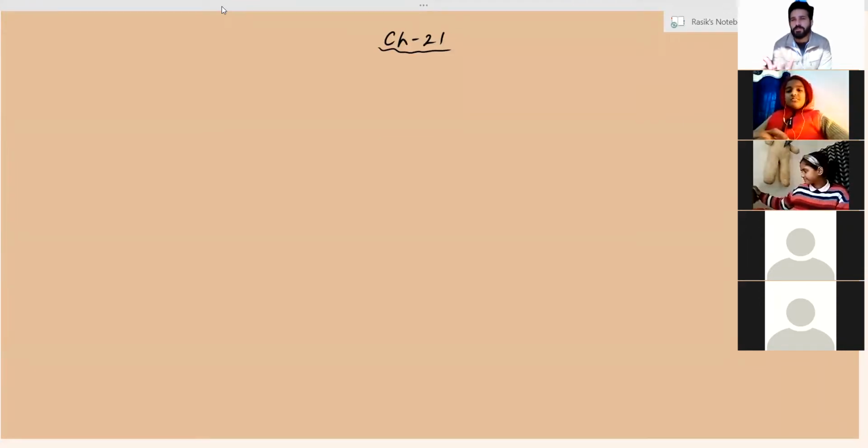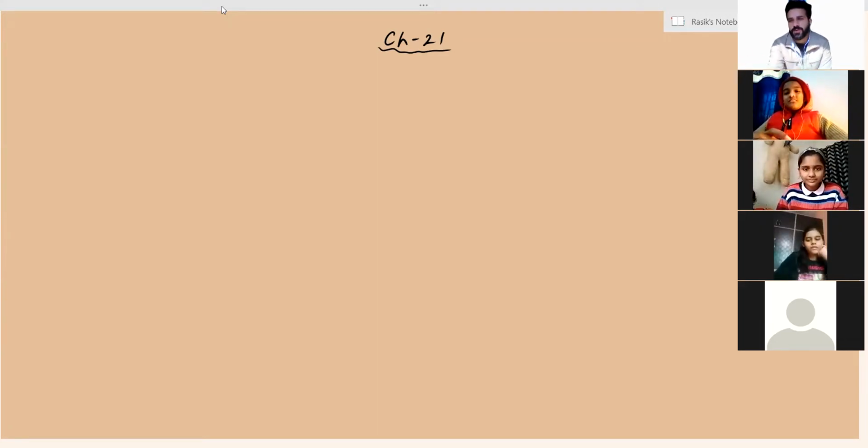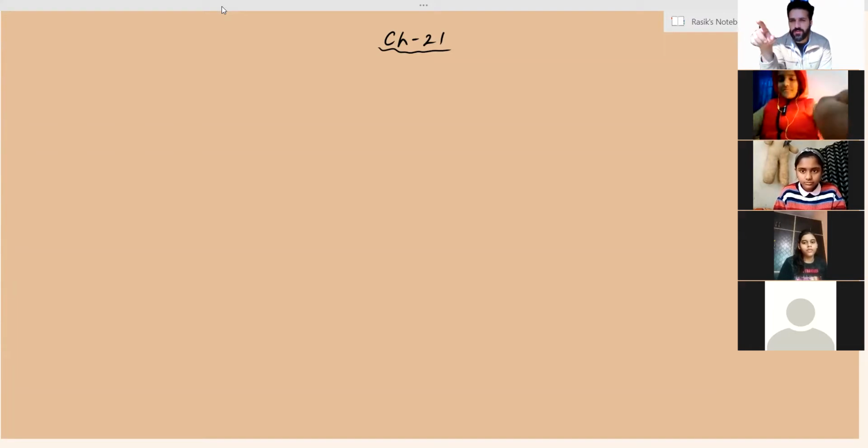For example, mean is just the average of a given data. Some numbers are given. If you find out the average, that is known as mean, the average of those numbers. So it gives you a value which is somewhere between the other values. For example, if I ask what are the weights of all the students in the class, and I find the average of all the weights, that is the mean, and that will be somewhere in between all the weights.